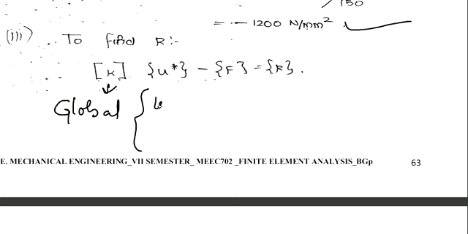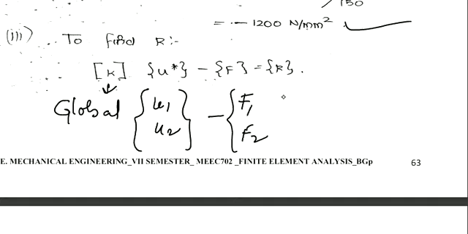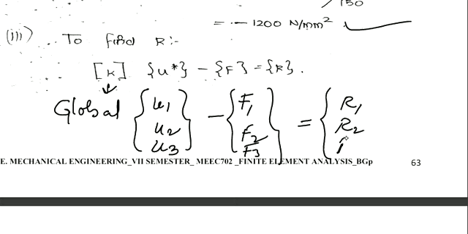What are the displacements here? U1, U2, U3, because it is a 2 element, 3 node problem, minus the forces F1, F2 and F3, is equal to the reaction forces, which will be R1, R2, R3.